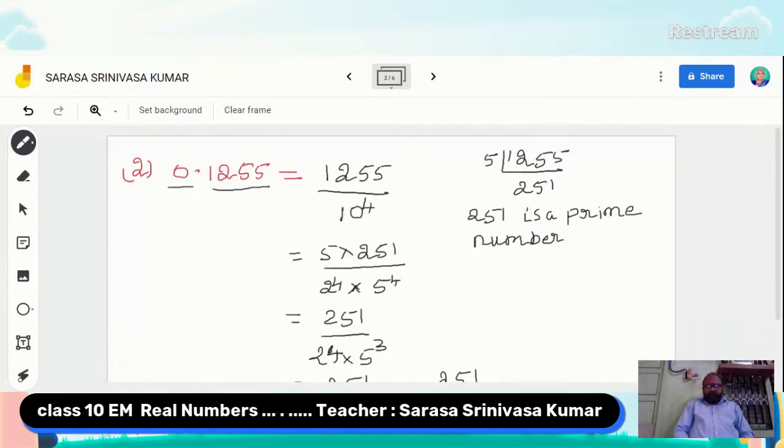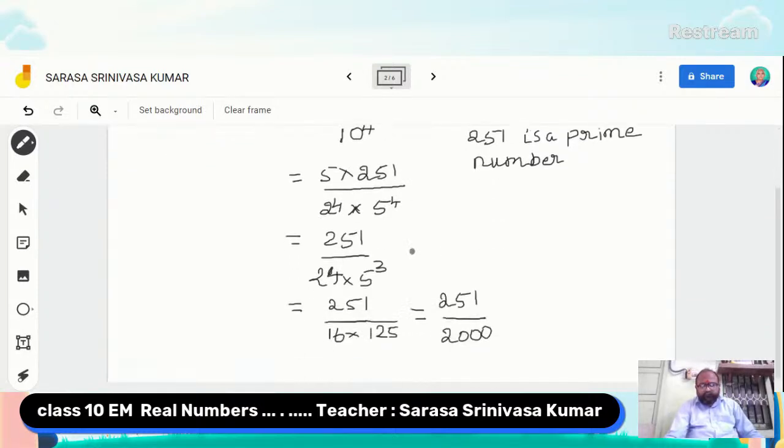So we cannot simplify the prime number. Hence, we have written it as it is. Now finally we got 0.1255 equal to 251 by 2000.